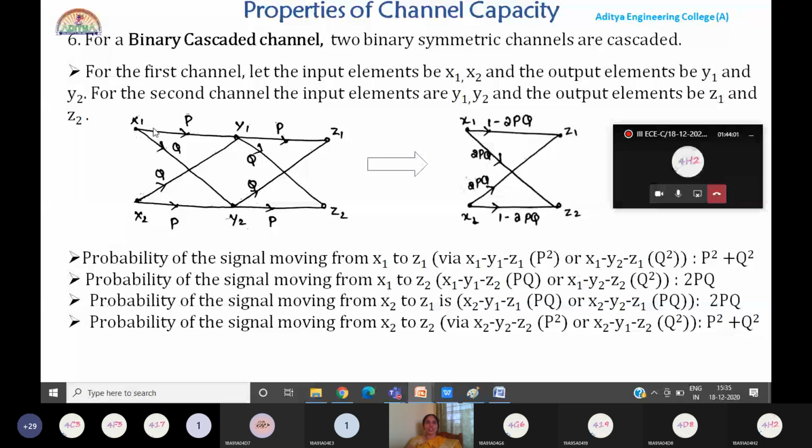x1 నుంచి z2 కి move అవ్వాలి. How many paths are there? x1 to z2.